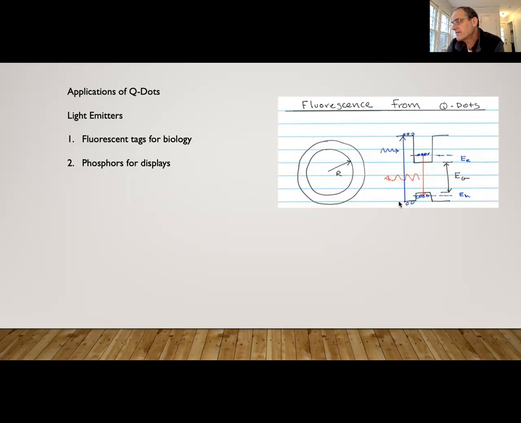And then the electrons that we excite would fall into the lowest confined state of the quantum dot and then recombine with holes in the highest confined state. And this produces fluorescence. And quantum dots have some really favorable properties that have made them outstanding fluorescence emitters. They've been used as fluorescent tags in biology and as phosphors in displays.